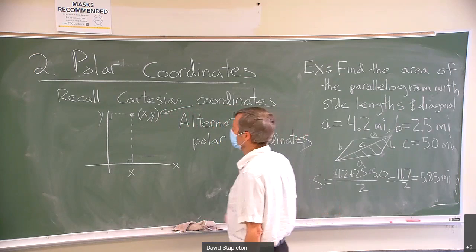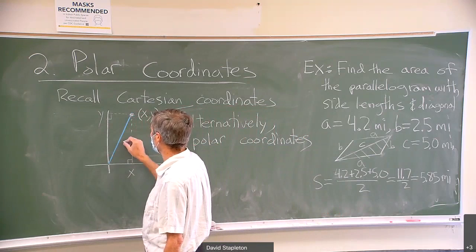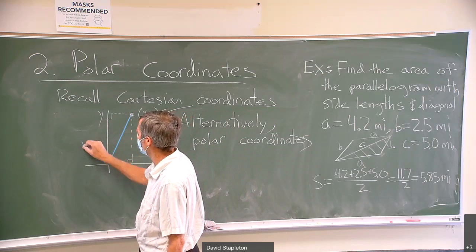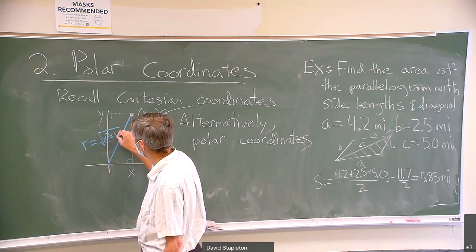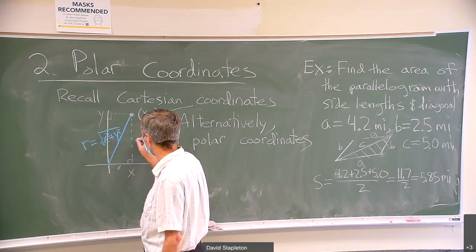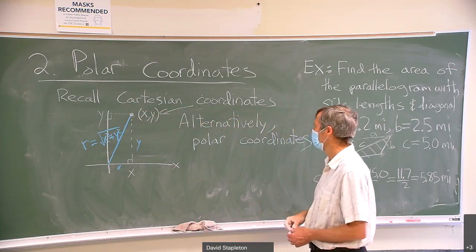What you do is you take the distance from the origin out to the point, and we call that r. So what is r? It's the square root of x squared plus y squared, right? By the Pythagorean theorem. After all, this is x and this is y. Then this is the square root of x squared plus y squared. This is the distance from the origin.